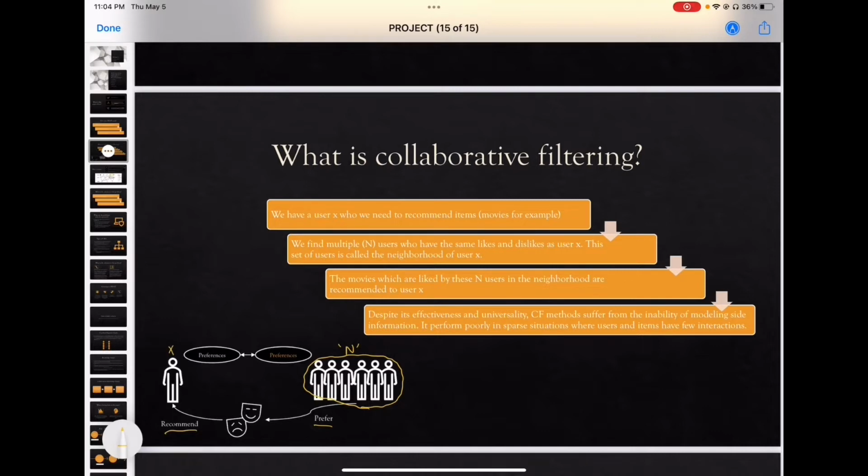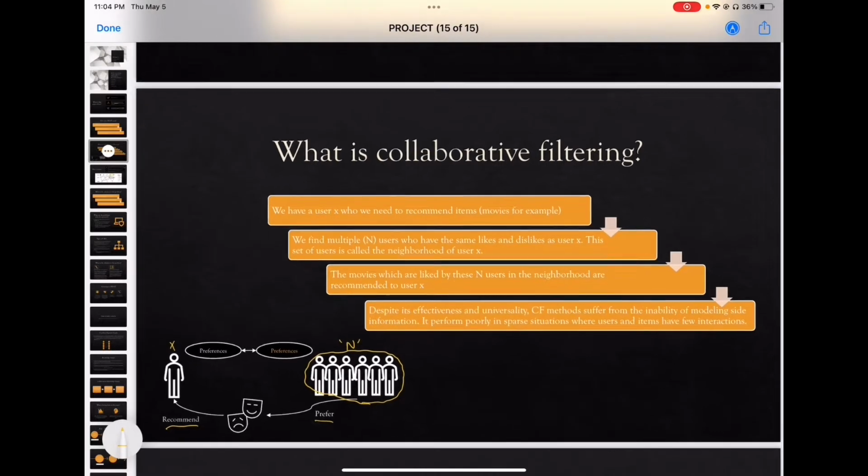Despite its effectiveness and universality, CF methods suffer from the inability of modeling side information such as item attributes, user profiles, and context, thus perform poorly in sparse situations where users and items have few interactions.